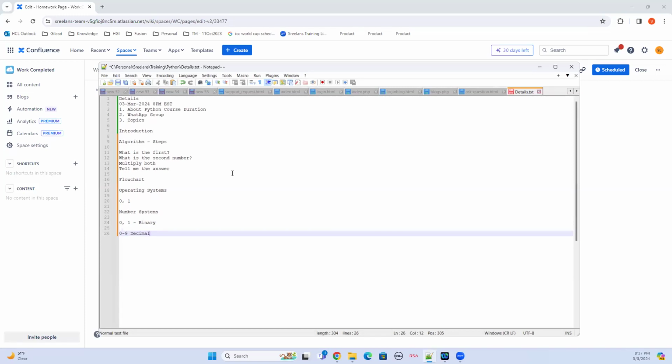You know the numbers which you are using in our day-to-day life: 0, 1, 2, 3, 4, 5, 6, 7, 8, 9, right? After 9, it is a combination of these that you will get, any multiple combinations. For example, 10 is 1 and 0, 11 is 1 and 1, right?